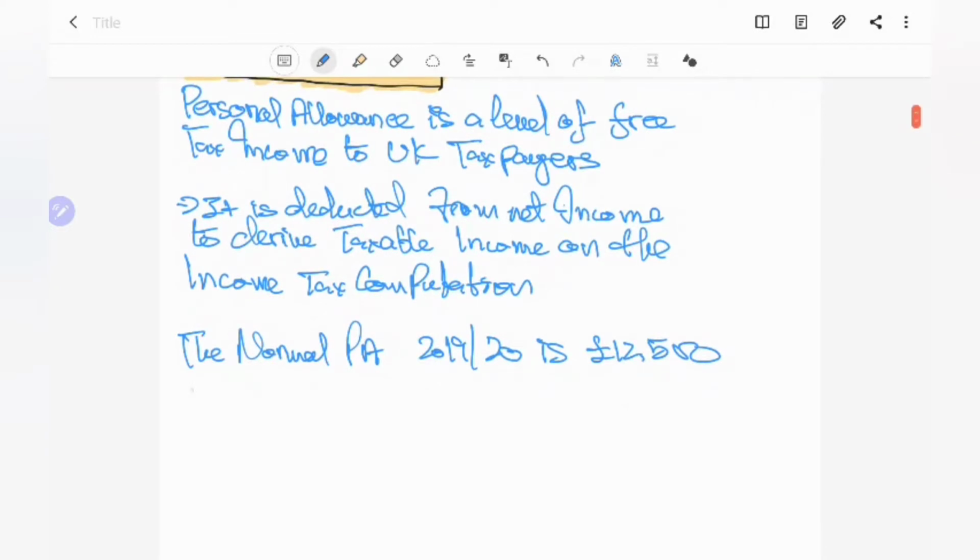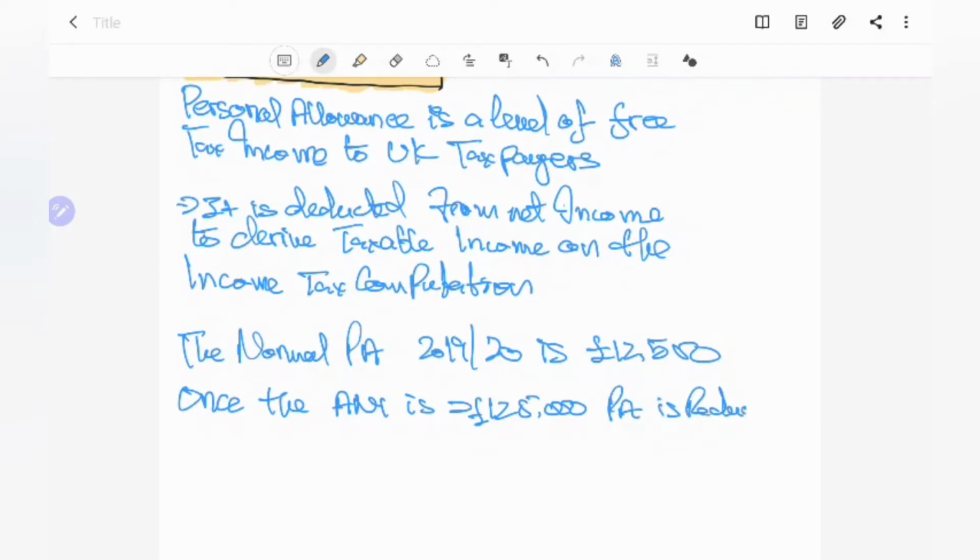But once the adjusted net income is greater than £125,000, personal allowance is reduced to nil, or you can say zero, right?